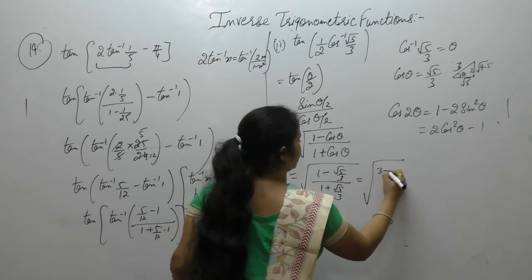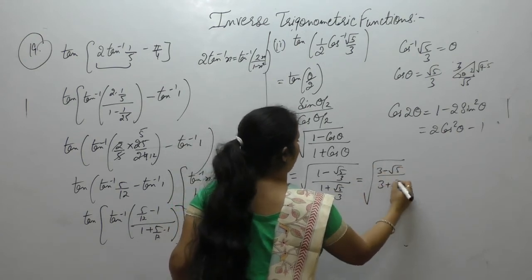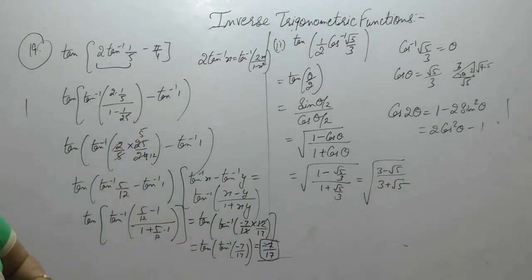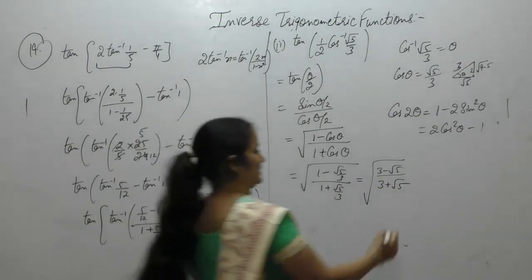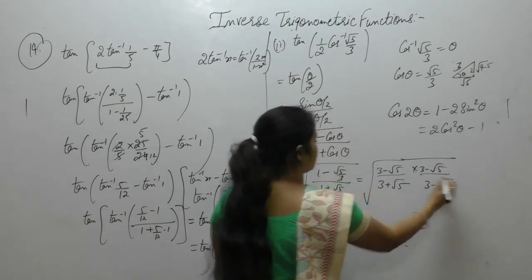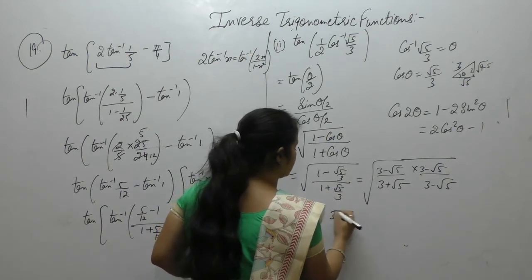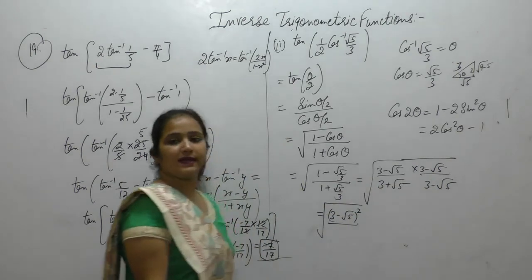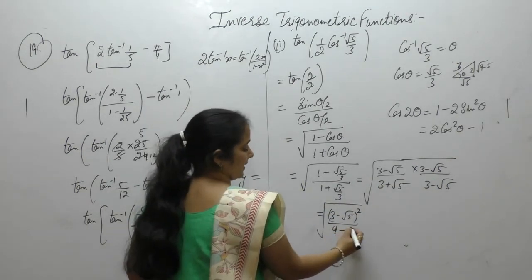Take the LCM: (3 − √5)/(3 + √5). If we rationalize it, (3 − √5)(3 − √5), so (3 − √5)², and in the denominator (a + b)(a − b) = a² − b².